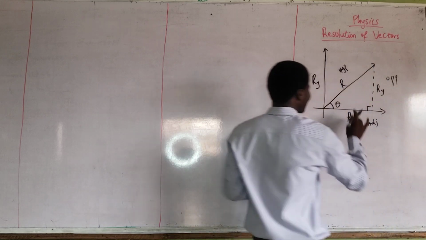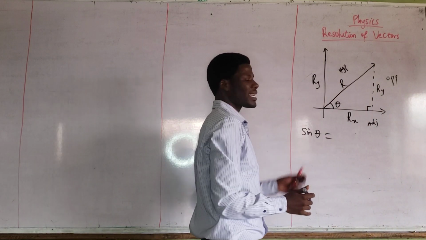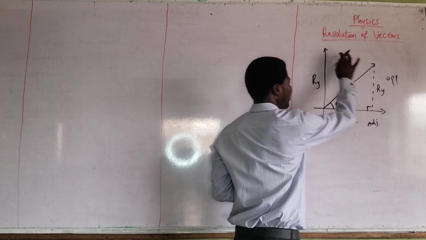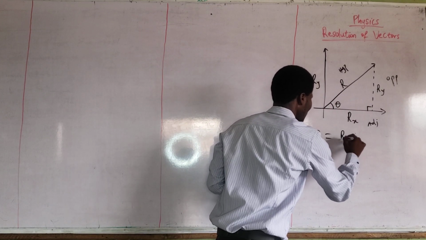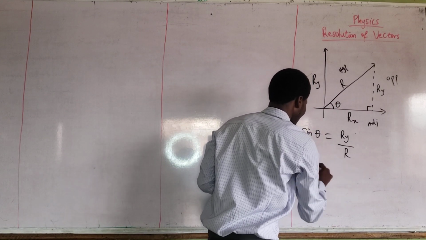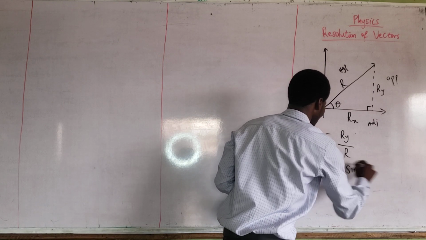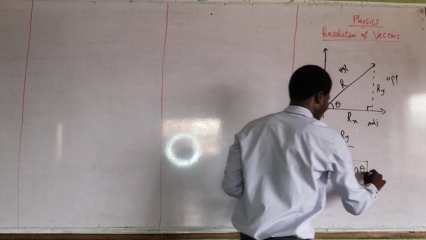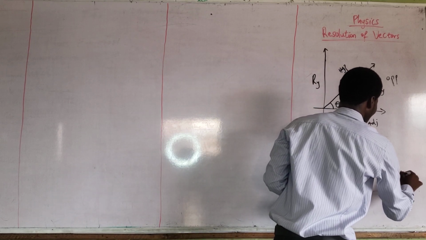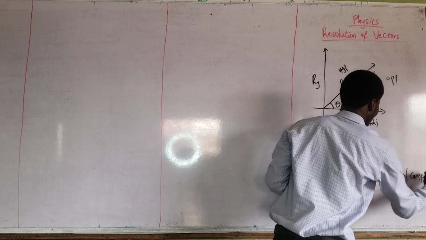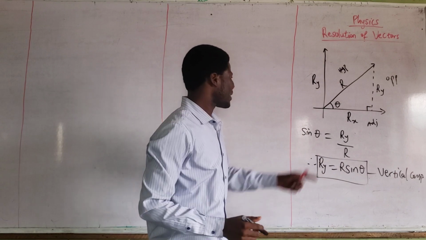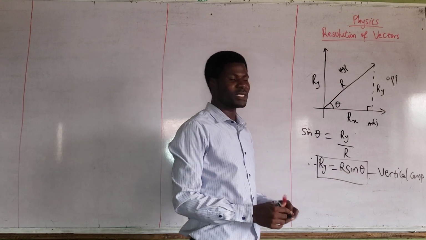So if I want to get RY, I apply sine theta. That's opposite to hypotenuse, that is RY over R. From that, my RY becomes R sine theta when we multiply. So this is the vertical component of that vector. If I want to get the value of RY, I use this.